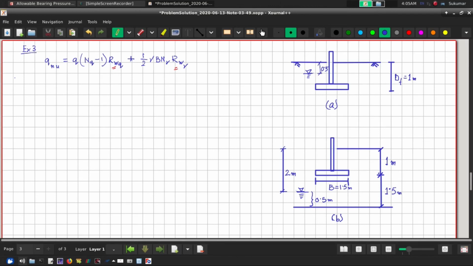I forgot to write, phi is my 32 degree, and we already had this value of NQ and N gamma. NQ was 19.94, and N gamma was 27.34.